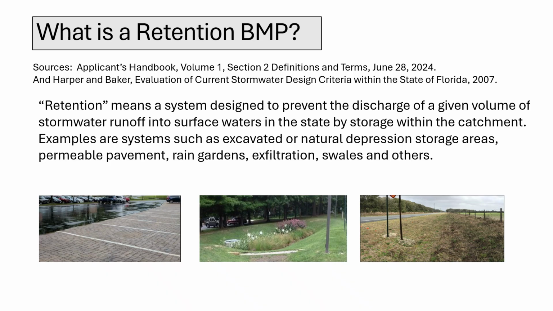We often see examples like excavated or natural depression storage areas, which are essentially basins designed to collect water. However, the concept extends to other practices such as permeable pavement, which allows water to seep through its surface, rain gardens, exfiltration trenches, and vegetated swales. All these methods perform the same essential function of retaining stormwater.